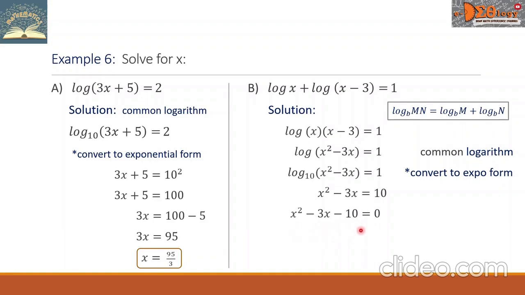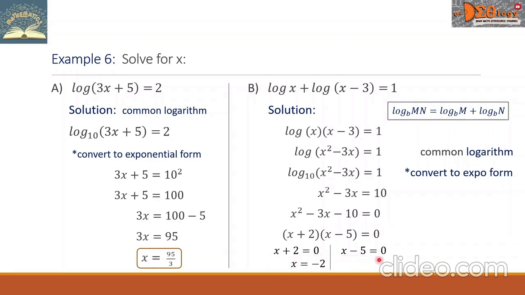Let us solve now for x. We can use factoring or quadratic formula. Using factoring, the factors are x plus 2 times x minus 5 equals 0. Then we equate each factor to 0. So we have x plus 2 equals 0 and x minus 5 equals 0. Solving for x, x plus 2 equals 0 becomes x equals negative 2.